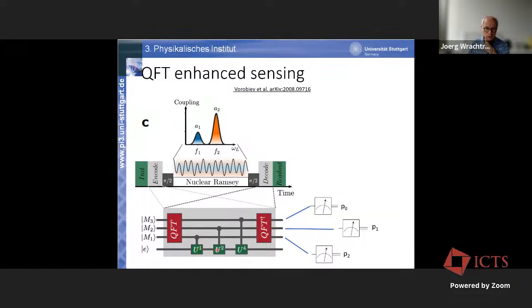And these U1, U2, U3 are these rotations around the angle phi1, phi2, phi3. Rotation axis is the z-axis. And in the end, we do a readout of these 3 nuclear spins, right? We can selectively read them out. I will explain to you later when we come to quantum computing how we do this.